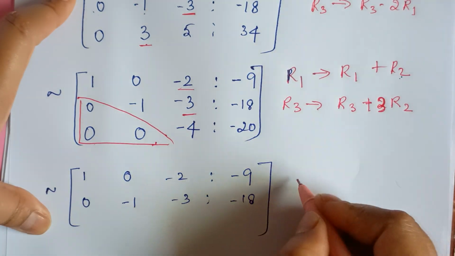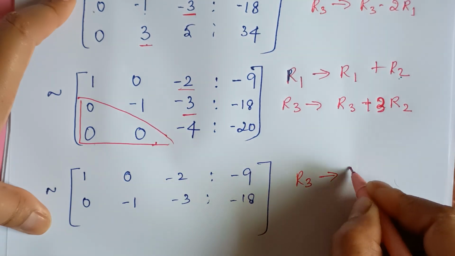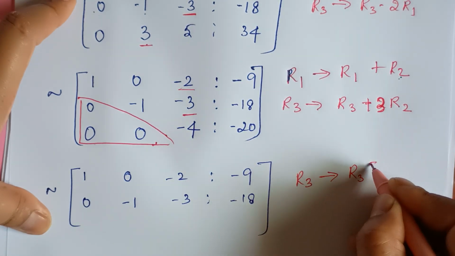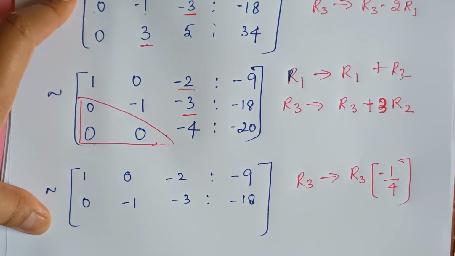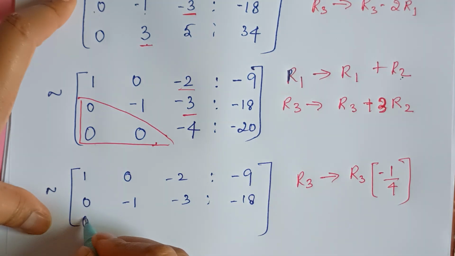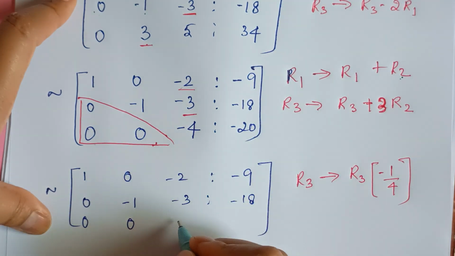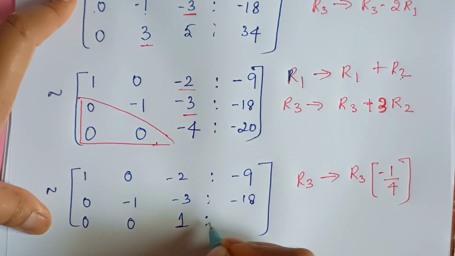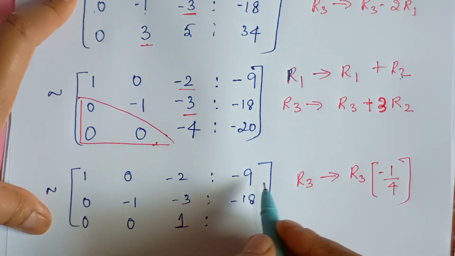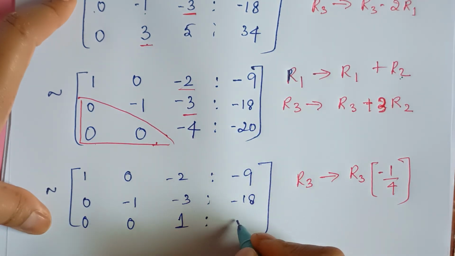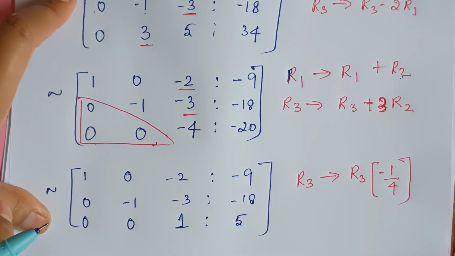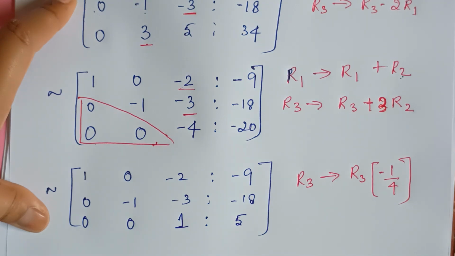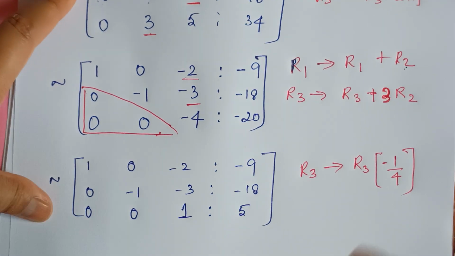What I'm doing is row 3 I'm changing to minus 1 by 4 times row 3. If I do that, 0 by minus 4, 0, 0, minus 4 by minus 4, it is going to give me plus 1. Minus 20 by minus 4, it is going to give me 5. Right? 4 ones are 4, 4 5s are 20. So this is clear now.